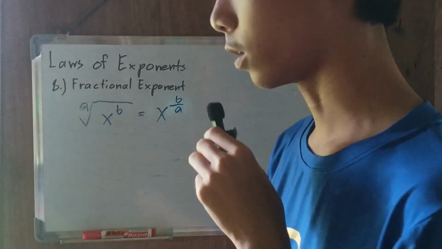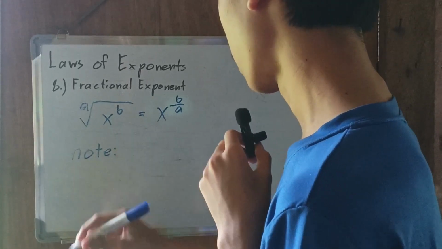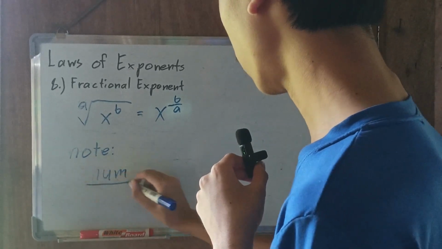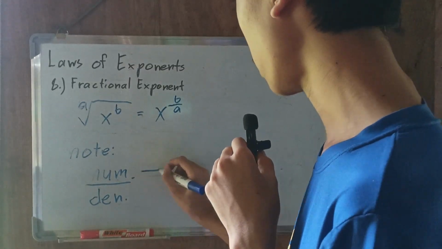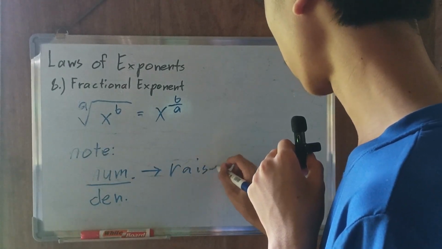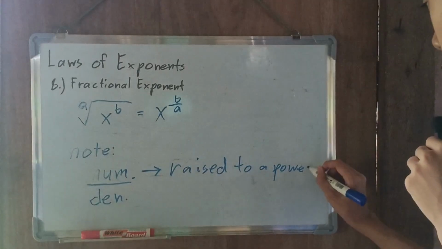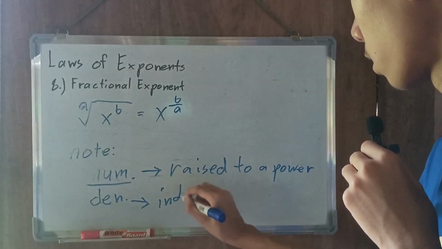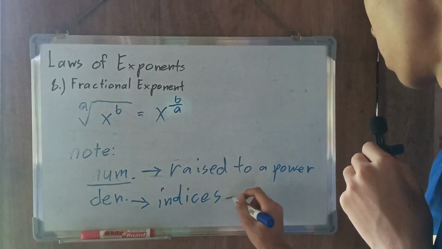I'm just gonna put a note: the numerator is the raised power, while the denominator is the index, which is a.